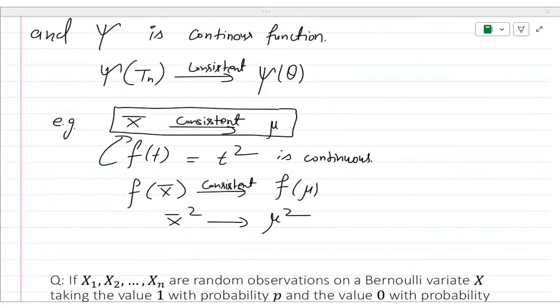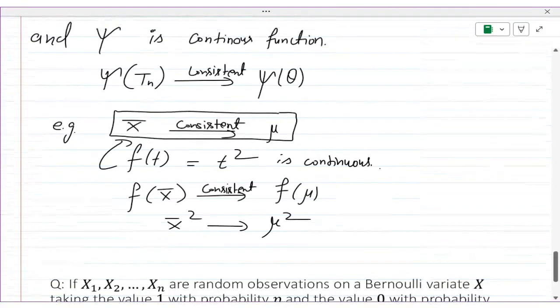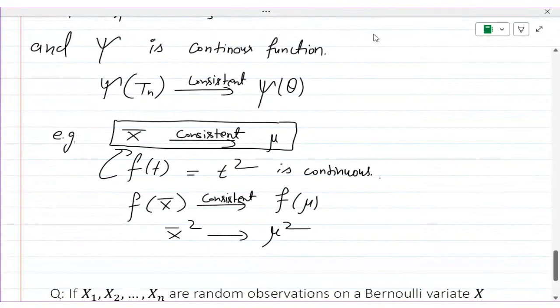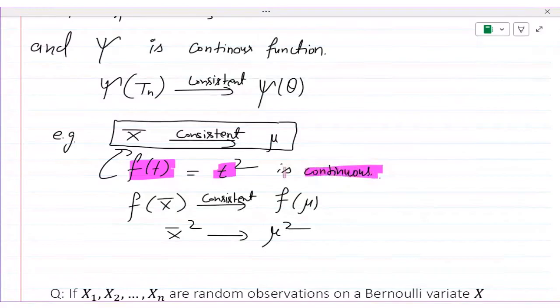It is a polynomial. Do you agree? Yes, right. So this point is clear that f of t equal to t square is continuous because it is a polynomial and every polynomial is a continuous function.